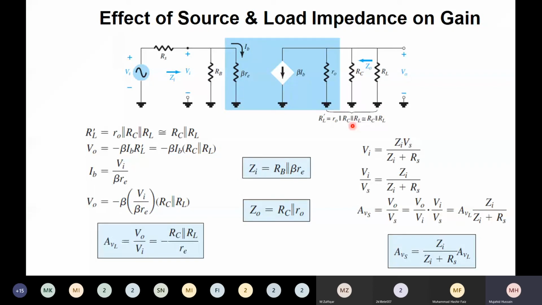This will be your output resistance. Similarly, for the input side, if you look at these two terminals, RB will be in parallel with beta times RE. So this will be your input resistance.